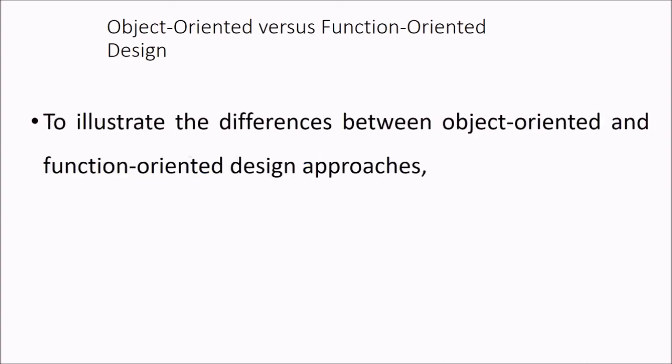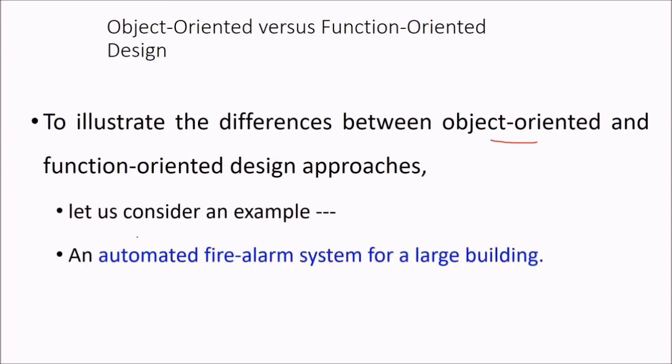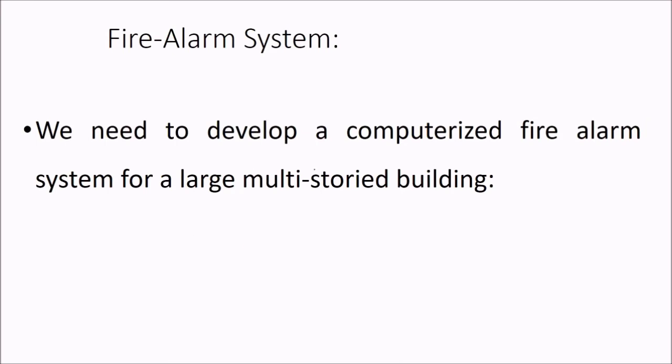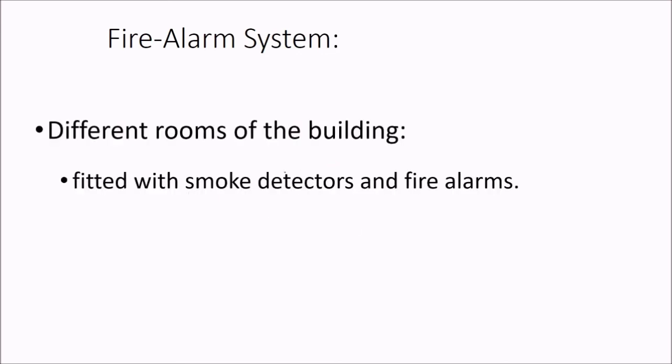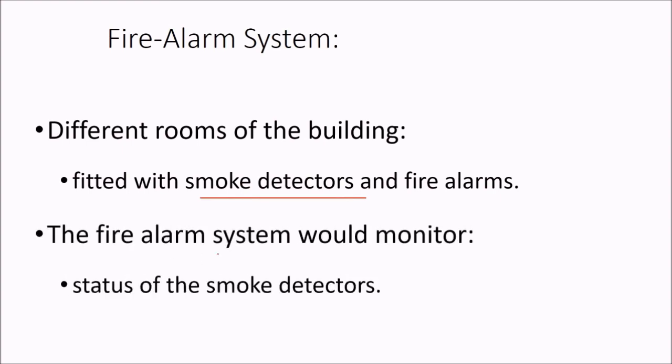To demonstrate the difference between object-oriented and function-oriented design approaches, we take an automated fire alarm system for a large building. We need to develop a computerized fire alarm system for a large multi-story building. We have 80 floors and 1000 rooms in the building. Different rooms of the building are fitted with smoke detectors and fire alarms, and this fire alarm system is going to monitor the status of the smoke detectors.